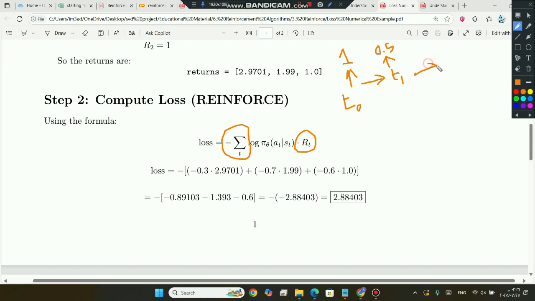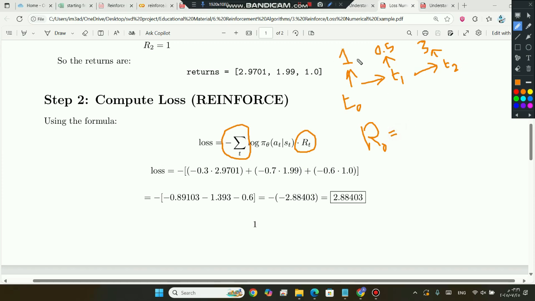And then at time two, it has generated a reward of, let's say, 3.